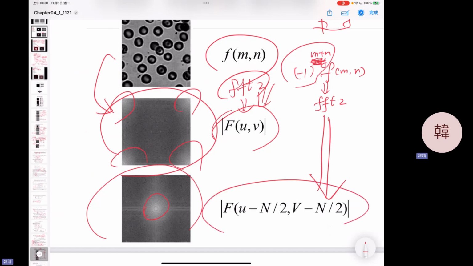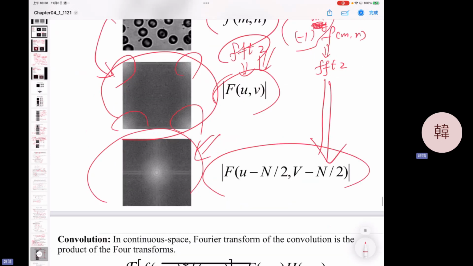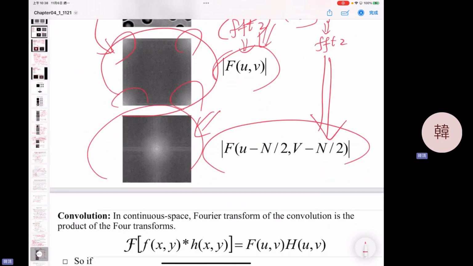So it becomes more understandable, the distribution of your magnitude spectrum. And you see, low frequency has whiter intensity, which represents higher magnitude spectrum, more power distributed in the low frequency component. So that's the way we want to look at it. It should be better than the other one.